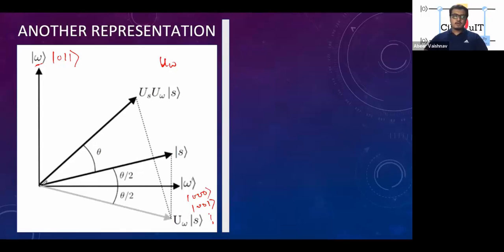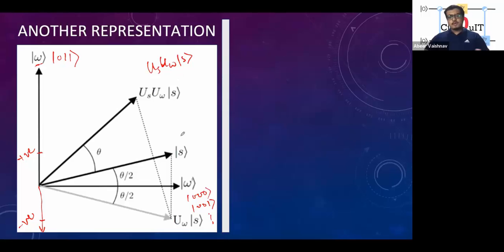Only the amplitude of the omega state, which was some positive amplitude, has now become some negative amplitude. Then after the oracle function, we implement the diffuser operation, that is U S. So we implement U S on the state S.